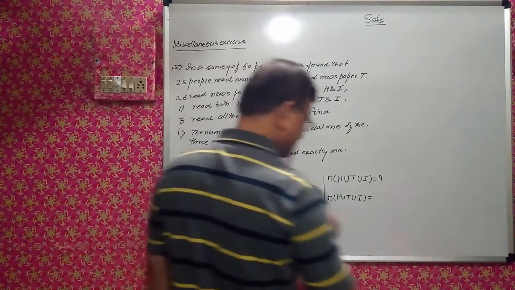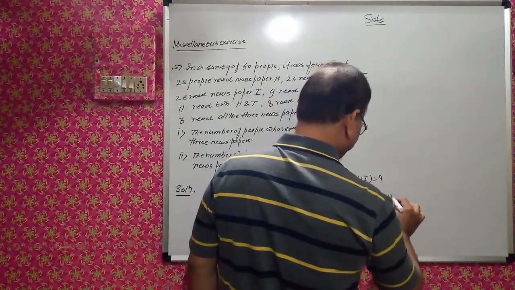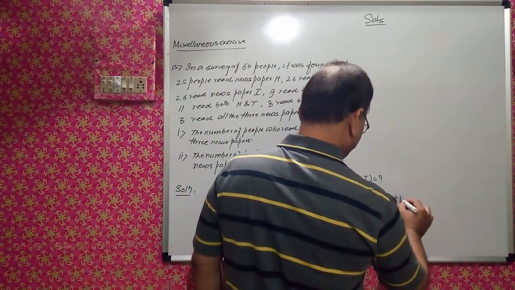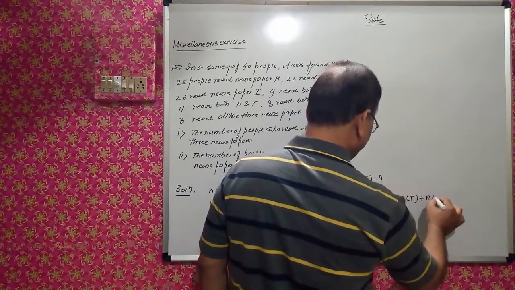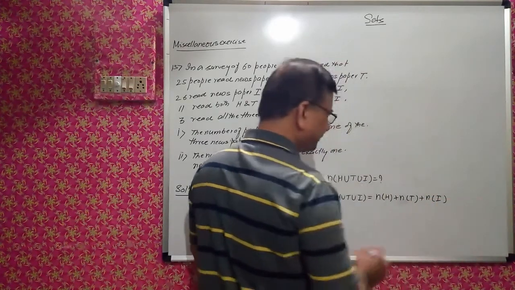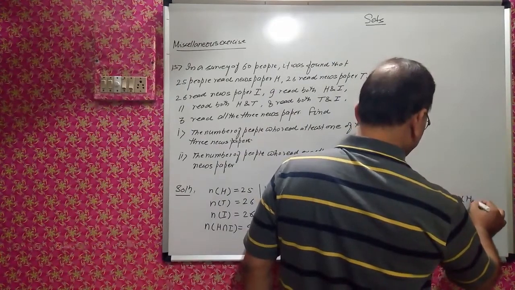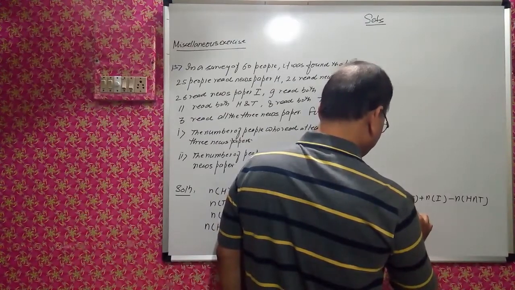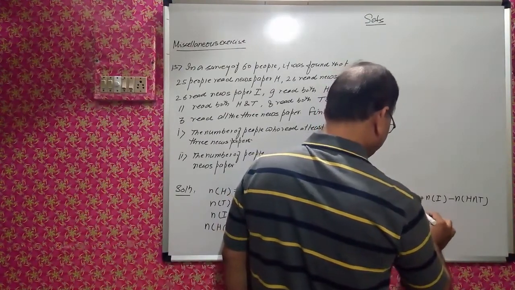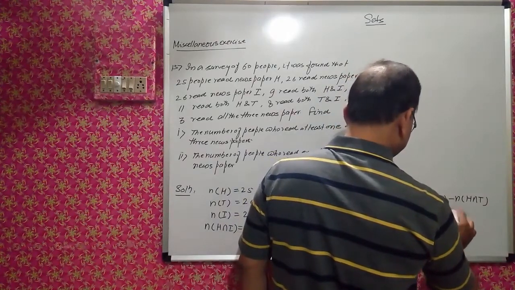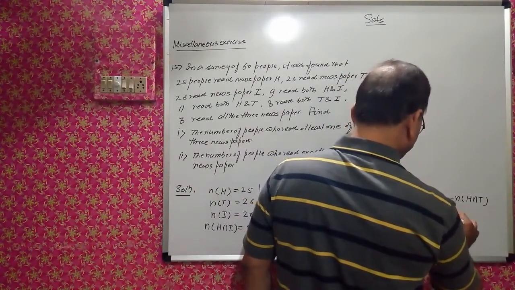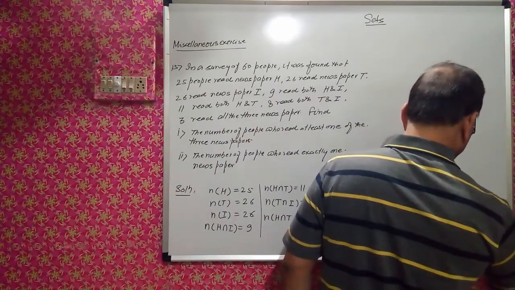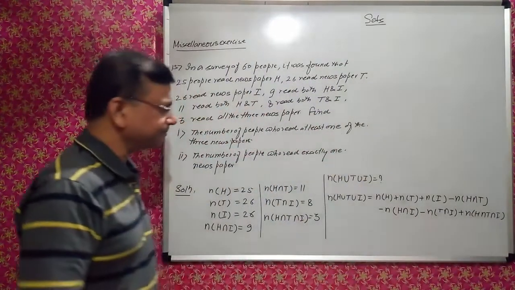If you see the previous videos, that is NH plus NT plus NI minus NH intersection T minus NH intersection I minus NT intersection I plus NH intersection T intersection I. This is the formula we know.